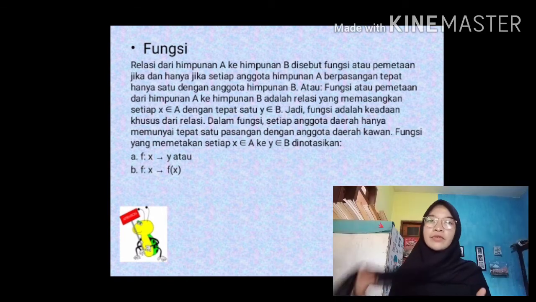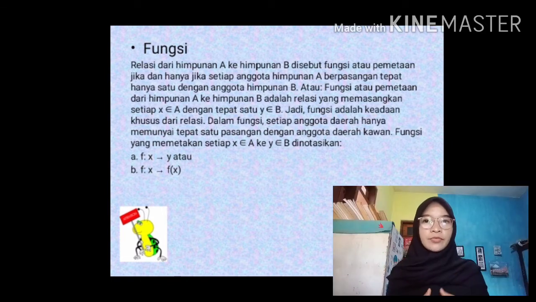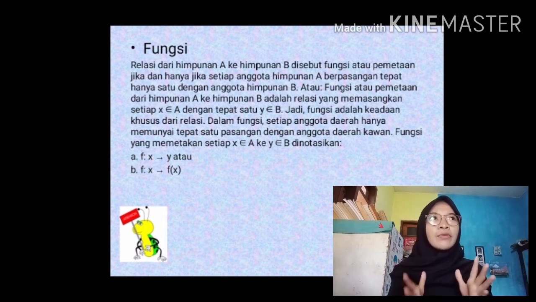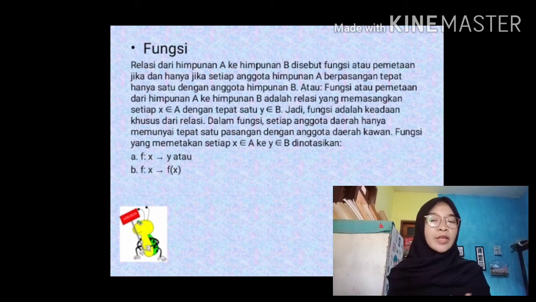Function. A relation from set A to B is called a function if and only if every member of set A is paired with exactly one member of set B. Or a function, or mapping, from set A to set B is a relation that pairs every x element of A with exactly one y element of B. So a function is a special case of a relation.